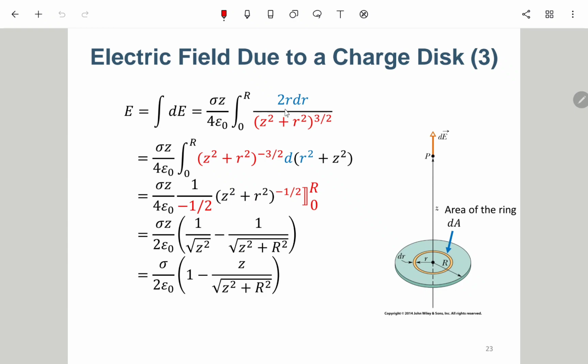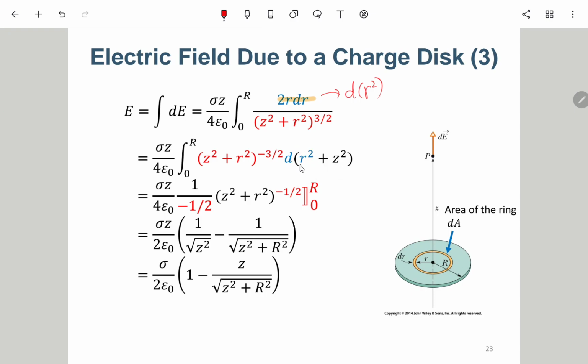We can do some change of variables, where 2r dr will be d(r squared). d(r squared) will be 2r dr, so just take the derivative of r squared, which is 2r. And z squared is actually a constant with respect to r.